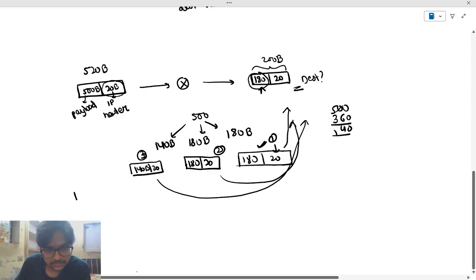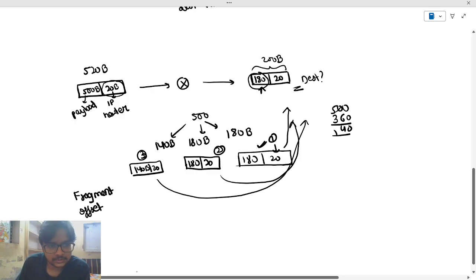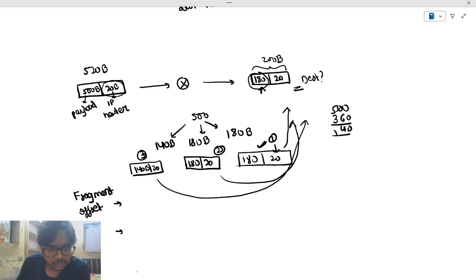there is a field in the IP header which is fragment offset, and one more field which is more fragments. This is basically a boolean field. More fragments means, for example, this is our first packet, so it says yes, there are more fragments coming behind me, so it will set this bit to 1.